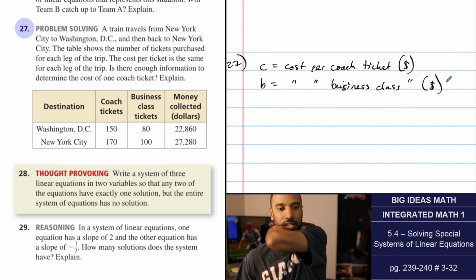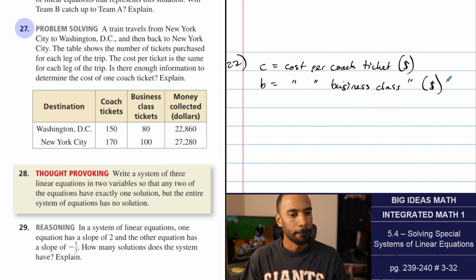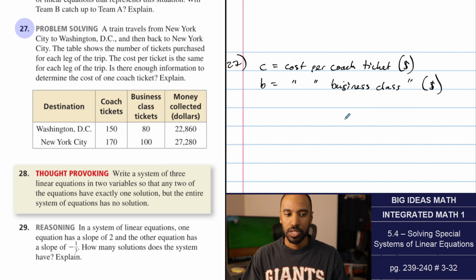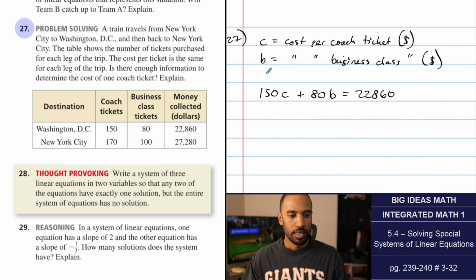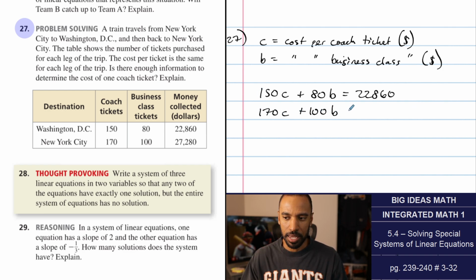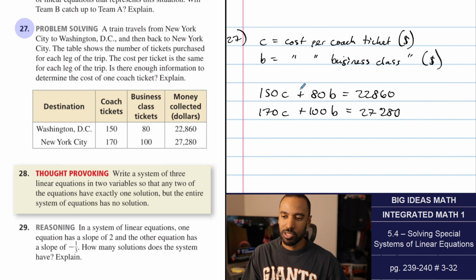Okay. From Washington, D.C., we can do the equation 150C plus 80B equals 22860. The next one is 170C plus 100B equals 27280.